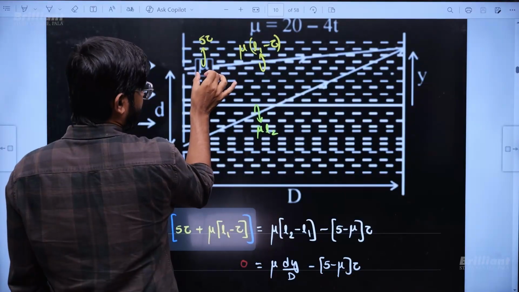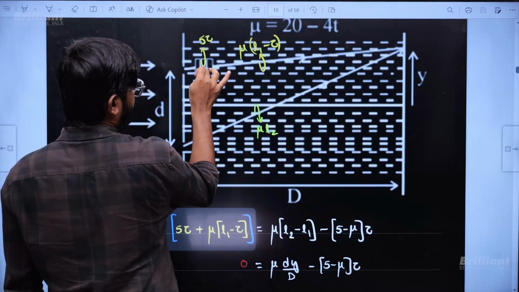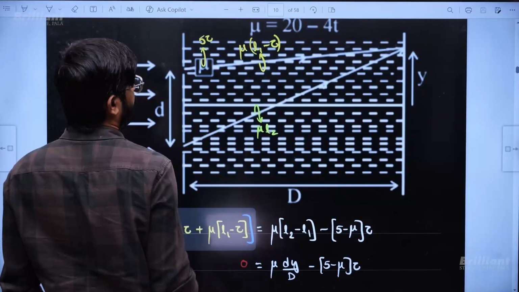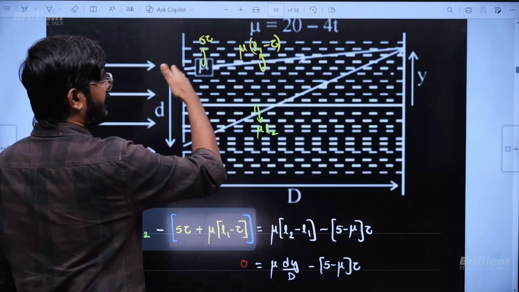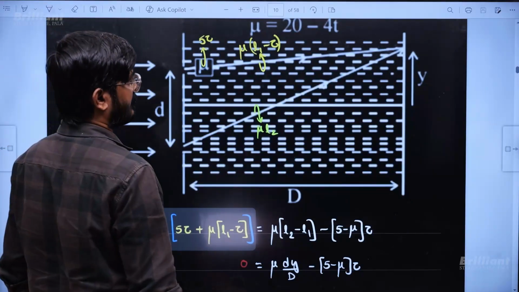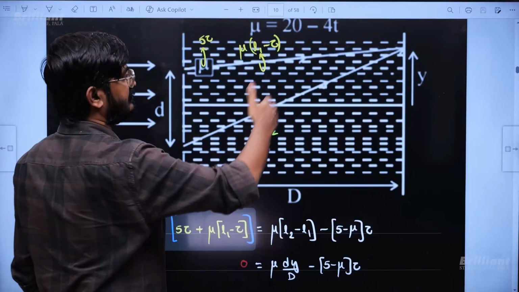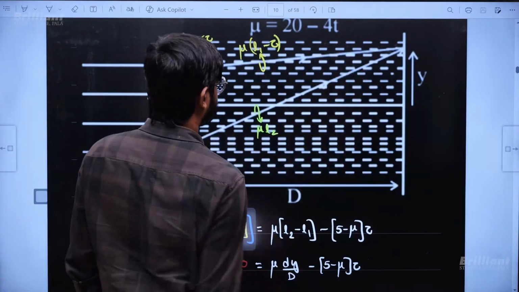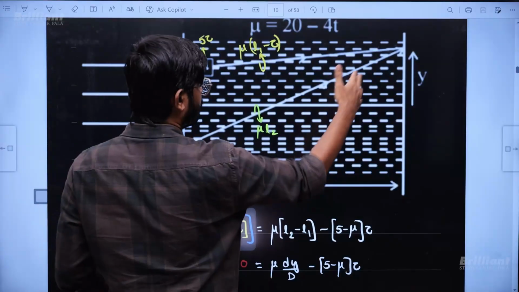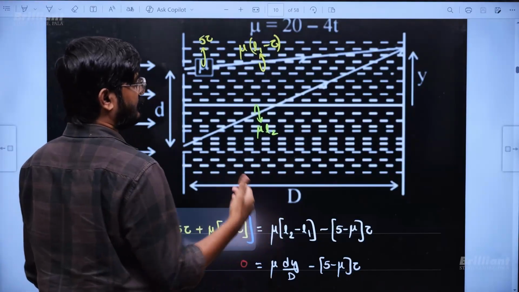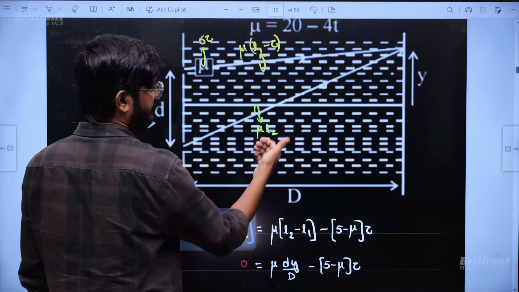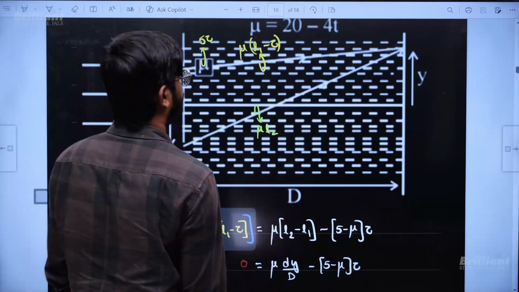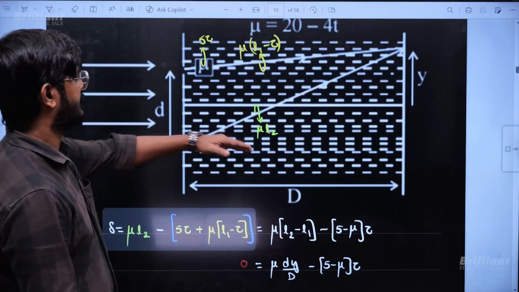The thickness tau is of refractive index 5, so its optical path length becomes 5 tau. Basically I converted everything into vacuum. To create the same phase difference, this much length is needed in vacuum. Similarly for L2, how much length is needed in vacuum to create the same phase difference: mu into L2. Then I need to see the optical path difference, this minus this.